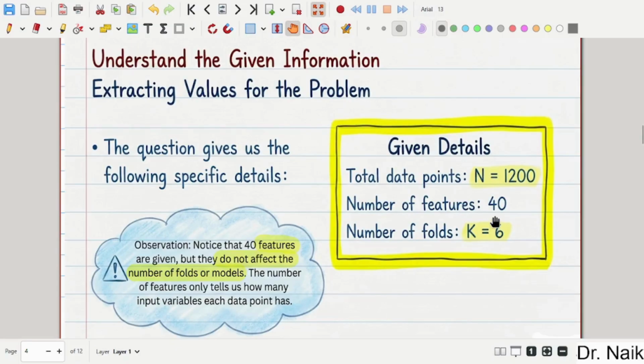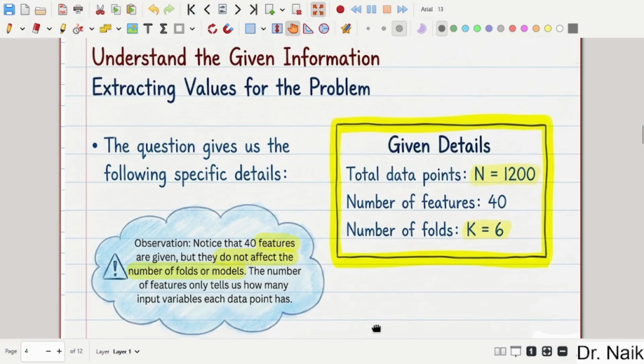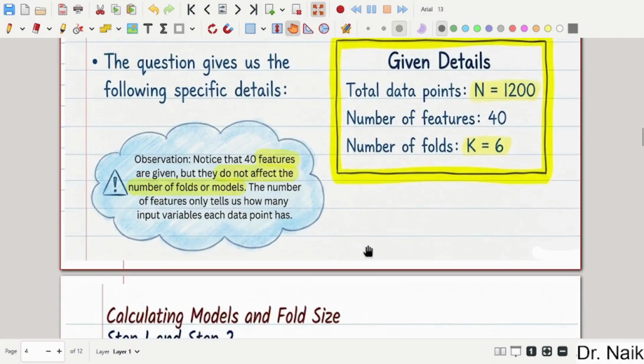Please notice that we have been given 40 features, but remember that features do not affect the number of folds or models. The number of features only tells us how many input variables each data point has. So, while calculating the folds or models, we do not need the number of features.